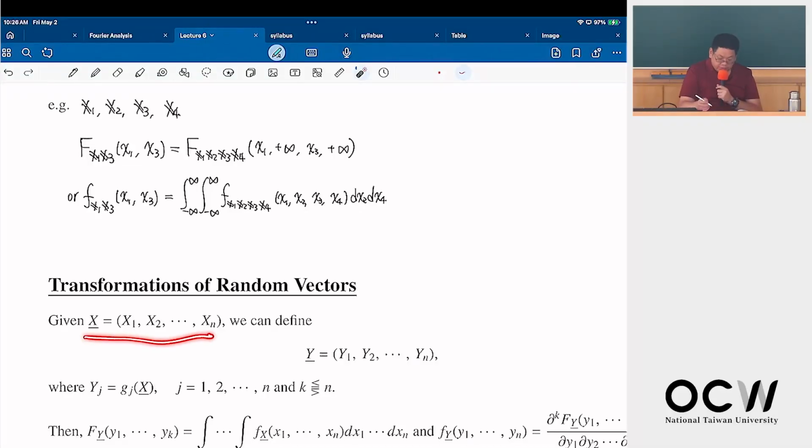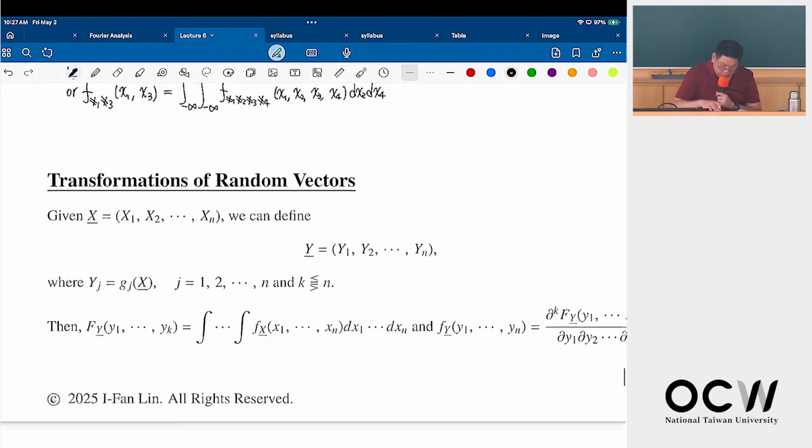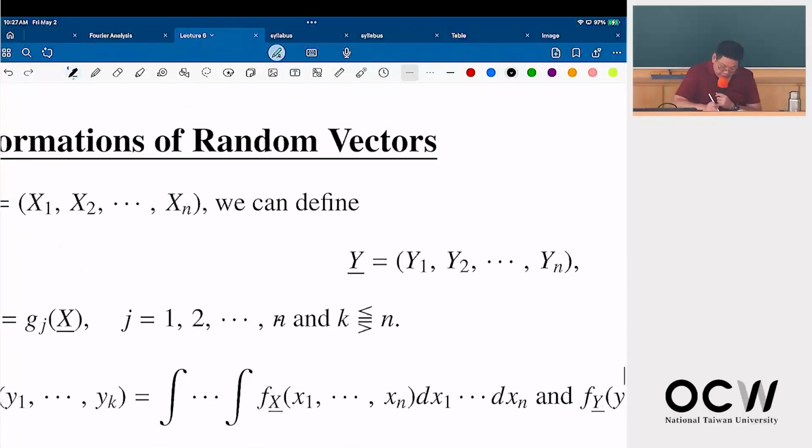This is a random vector, and I also have another random vector. And in this random vector, each random variable is a function of the random vector x. And here you can see that this j should be 1 to k.